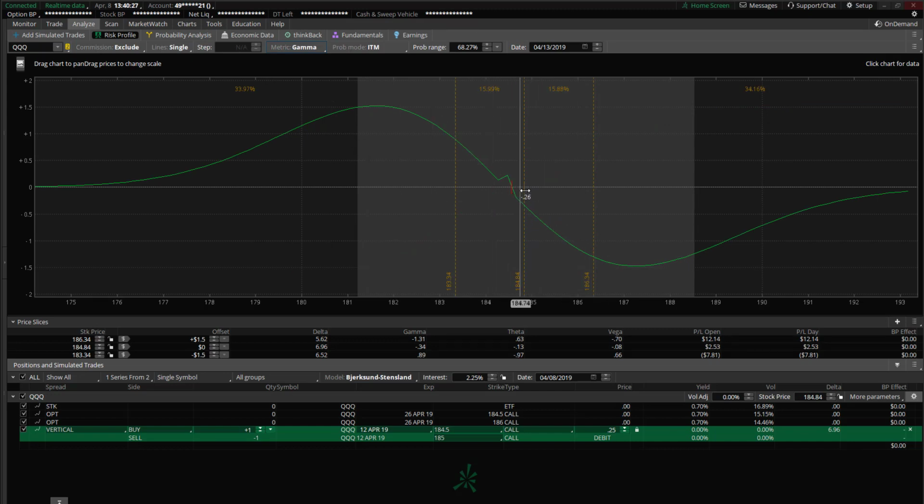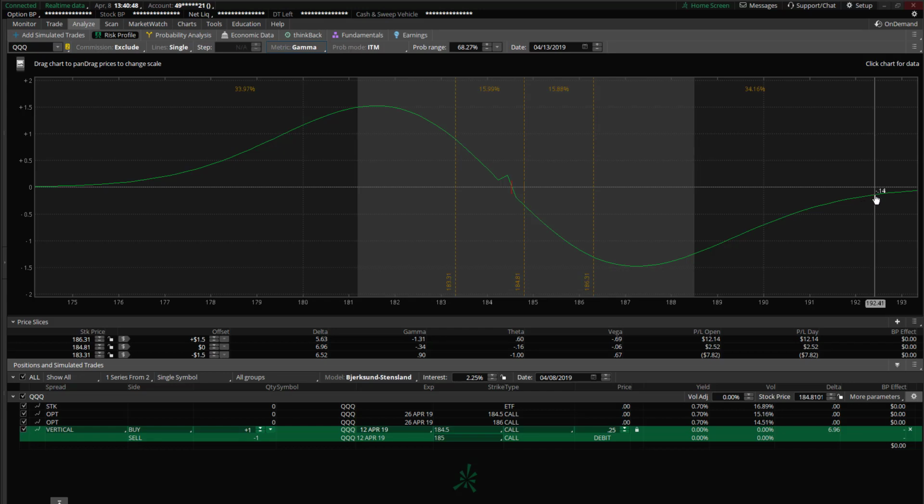So here, for an example, we have gamma. Our current price, 184.84, is this line right here, and you can see that as price rises, our gamma would decrease in this trade, and then past a certain point, our gamma would begin to rise again.